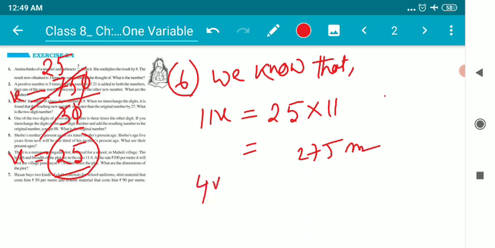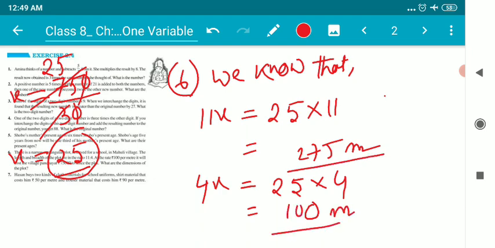Breadth was 4x, means 25 into 4. So 25 into 4 means 100. So 100 meter is the breadth. So I got the length as 275 and the breadth as 100 meter.